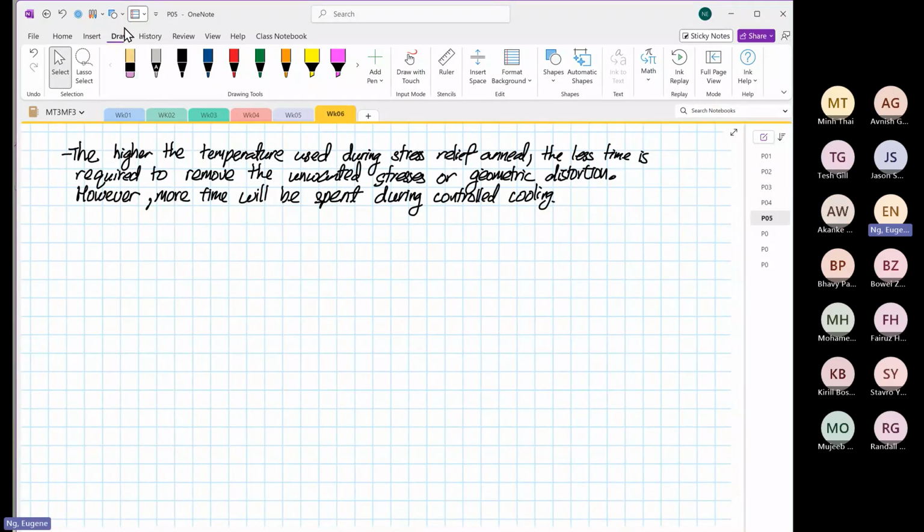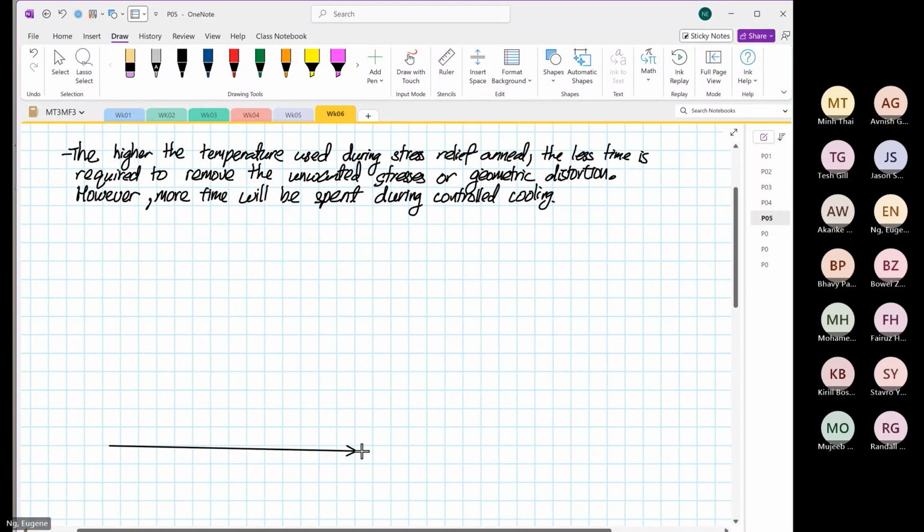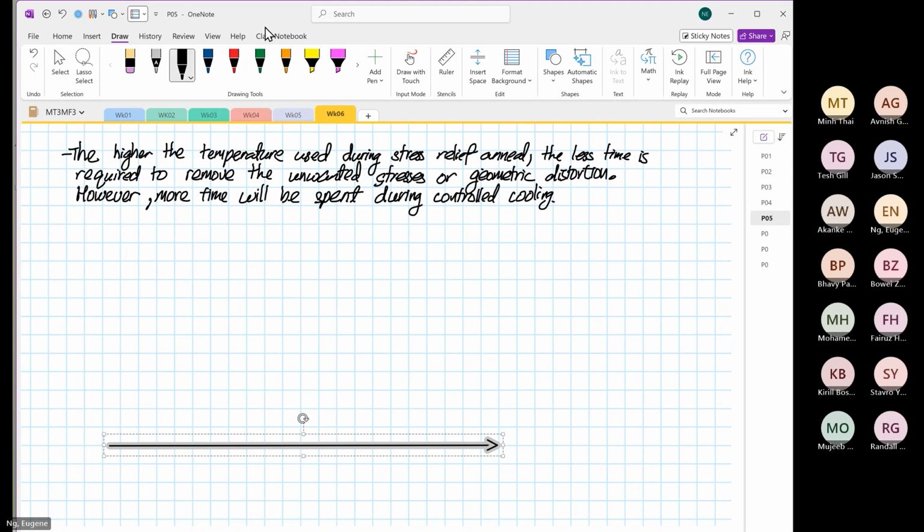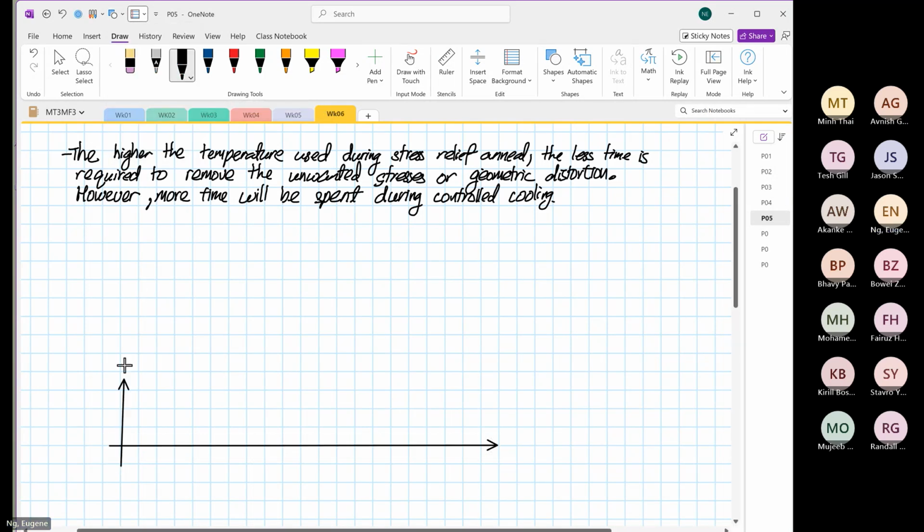What this means, okay? So we have time, and this is temperature.